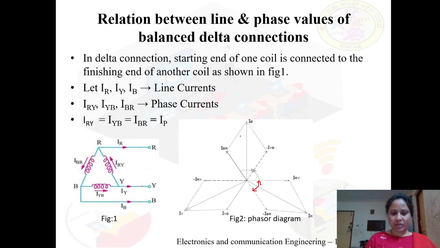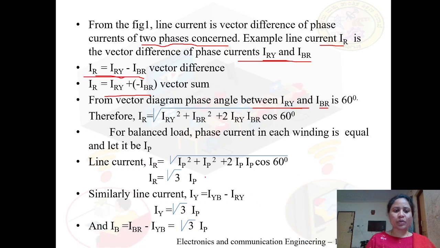From this parallelogram, according to the vector addition rule, we can write the resultant vector IR as the square root of IRY square plus IBR square plus 2 times IRY IBR into cos of the angle between IRY and IBR, which is 60 degrees.